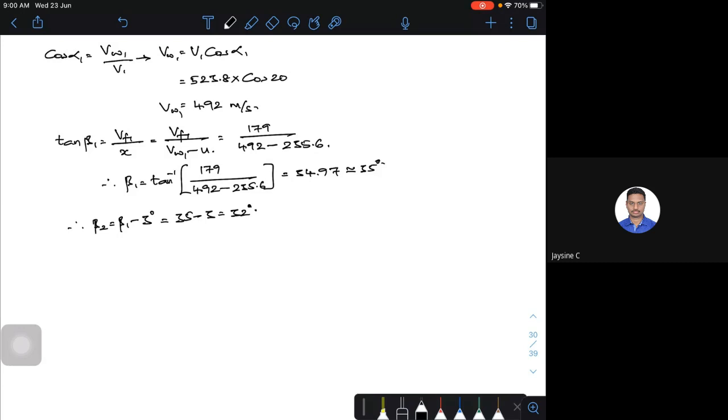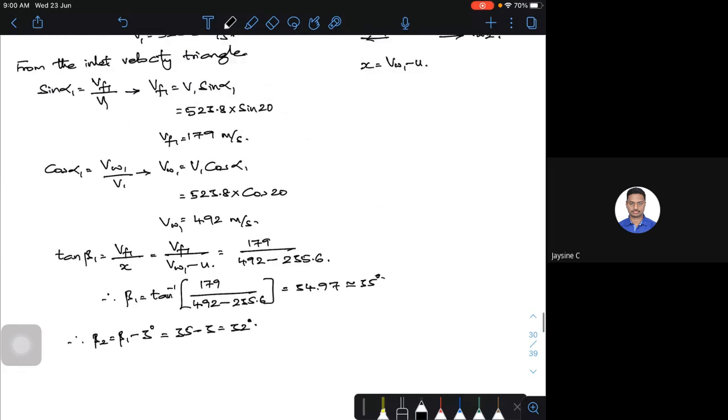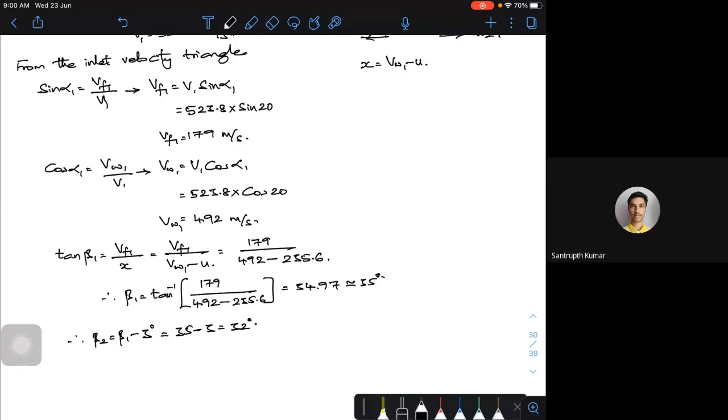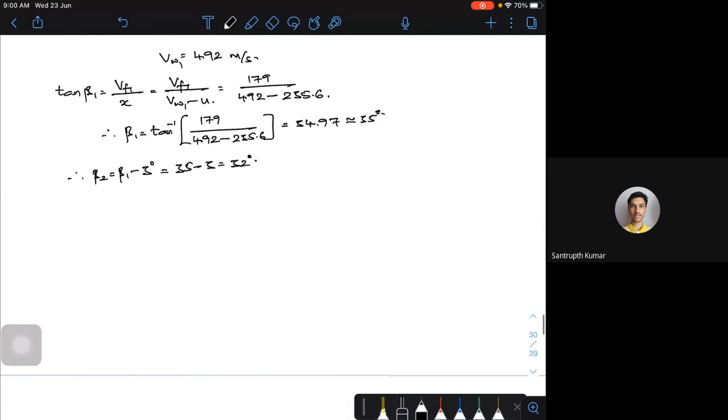Now they have given CB. I need to find VR1, the relative velocity. How to find VR1? Using beta 1, I can use either cos beta or sin beta, whatever you want.